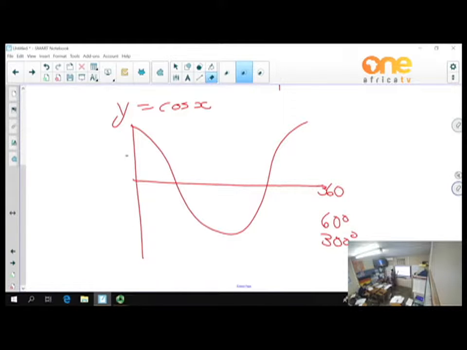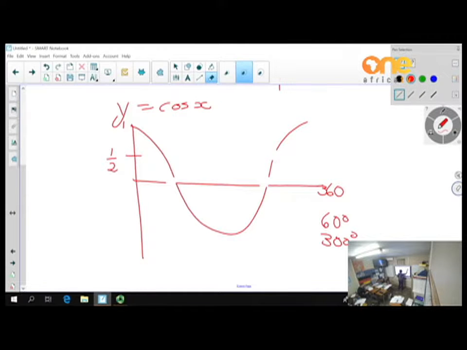If you look now on this graph, remember this is 1, this is a half. Between 0 and a half, we are just looking here and here. Can you see this? This part is between 0 and a half, and this part is between 0 and a half.